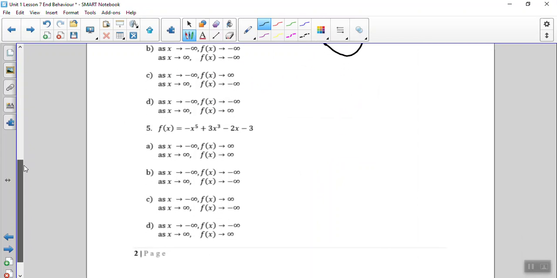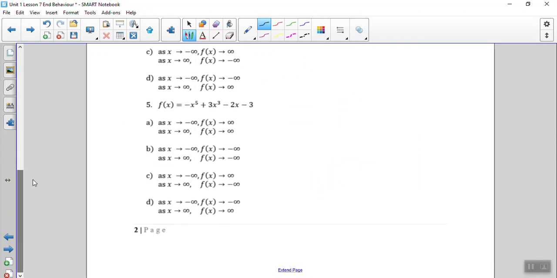And then number 5, this is an odd function, so I know I have different end behavior. These are the same end behavior. This looks like an even function. This looks like an even function. So these two are odd because they have different end behaviors. Now, which one do I choose?